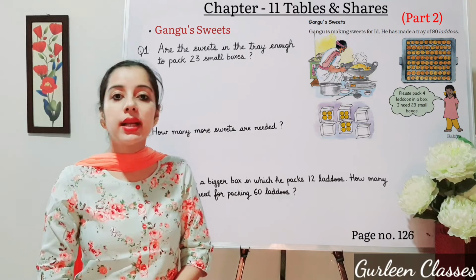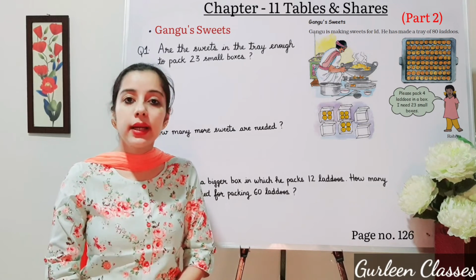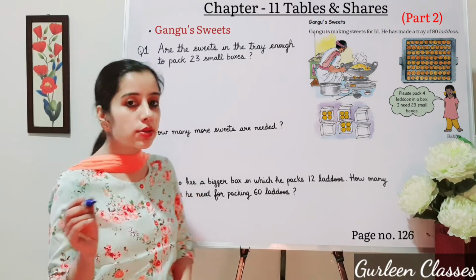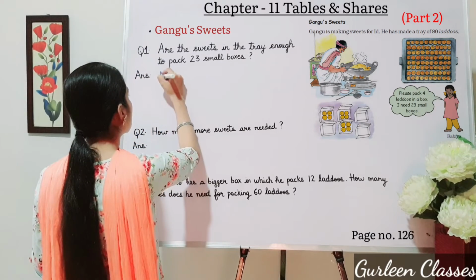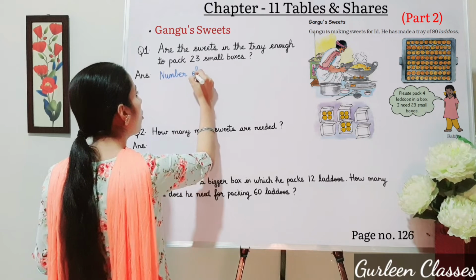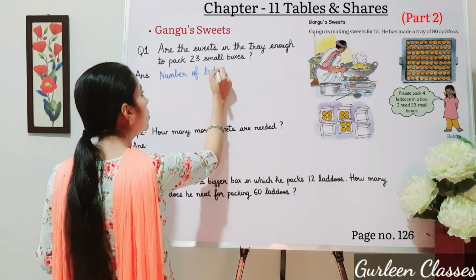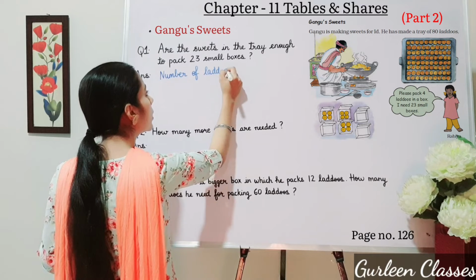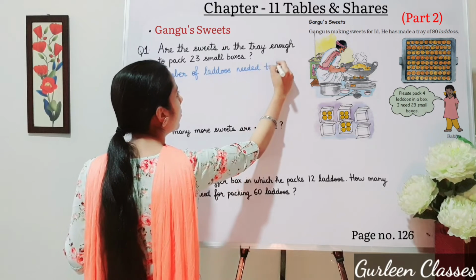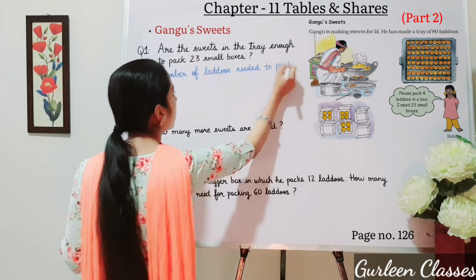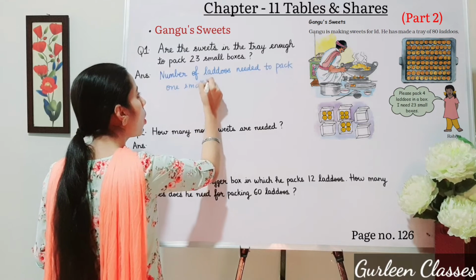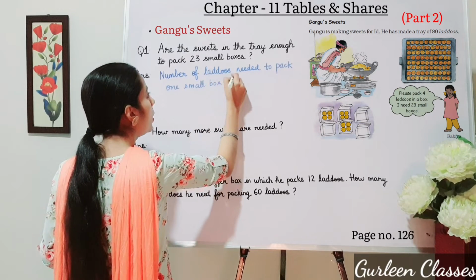So students, number of laddus needed to pack one small box is equal to 4. So let us write here, number of laddus needed to pack one small box is equal to 4.